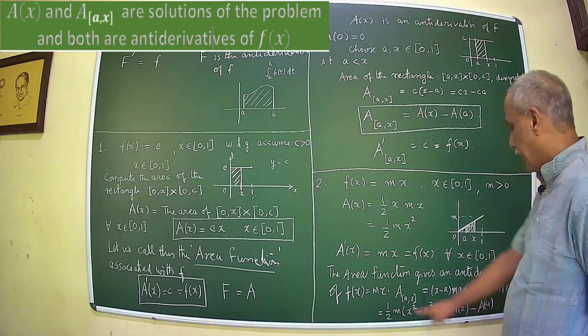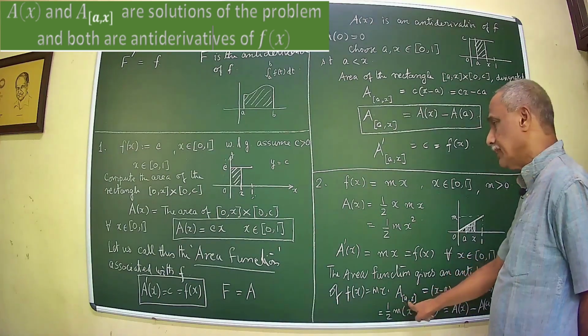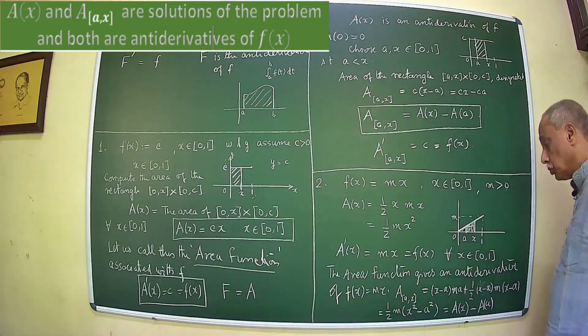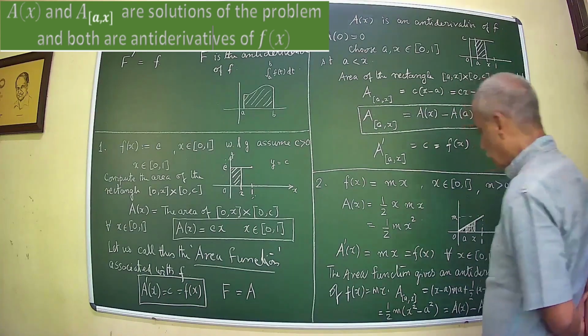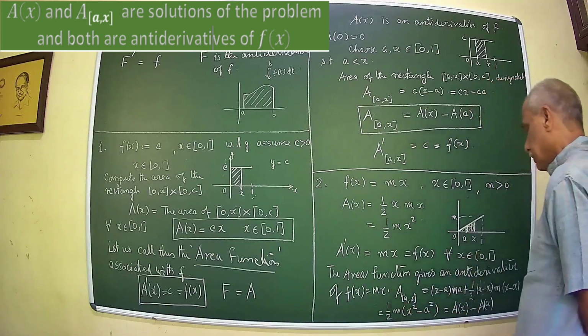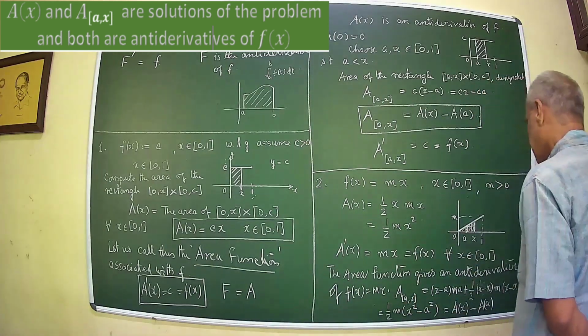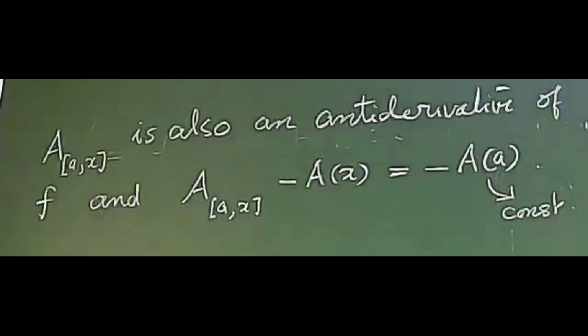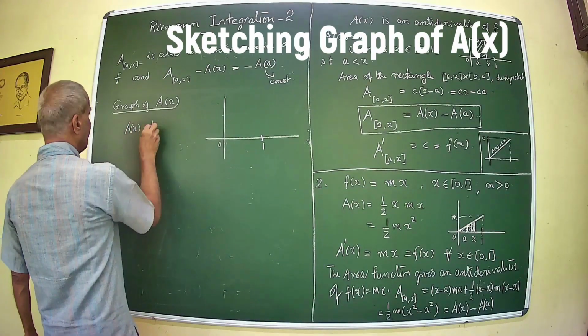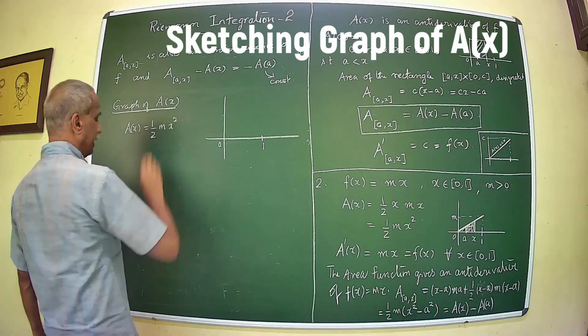You observe that the area function associated with the interval a to x is also an antiderivative of the given function, because if you differentiate this, you get again mx, which is f of x. So you see that there are several antiderivatives that you can have, because the difference between any two antiderivatives is a constant. A of x equal to half of m x squared.